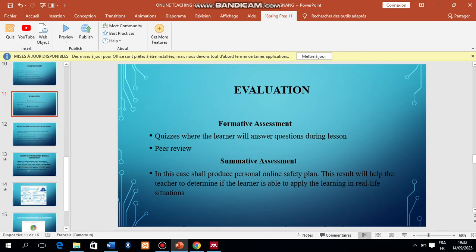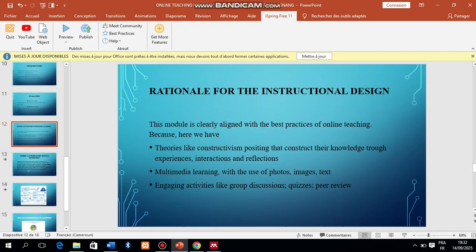Evaluation, we have quizzes, we have summative, we have development of a real life situation, and rationale for instructional design.